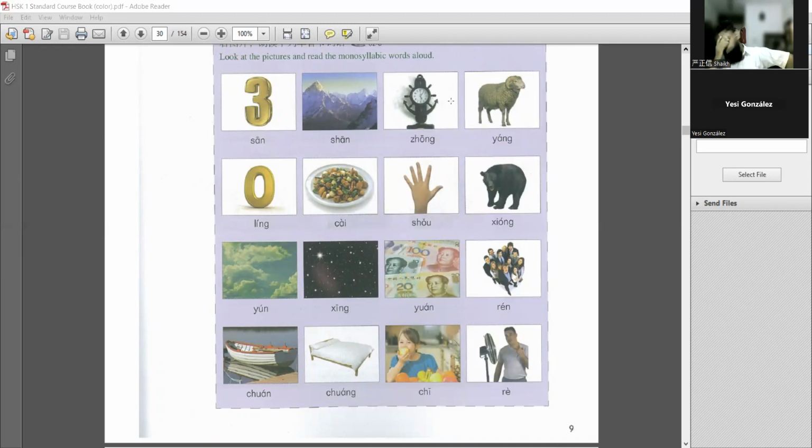Fan, shan, zhong, yang, ling, hai, shou, xiong, yun, xing, yuan, ren, huan, chuang, chi, re.